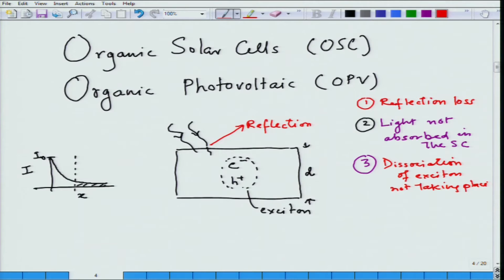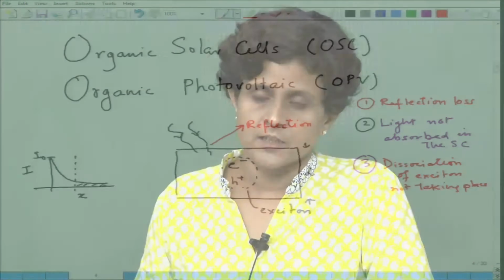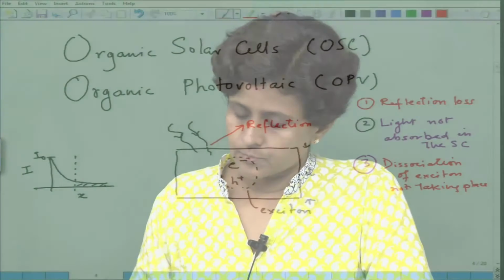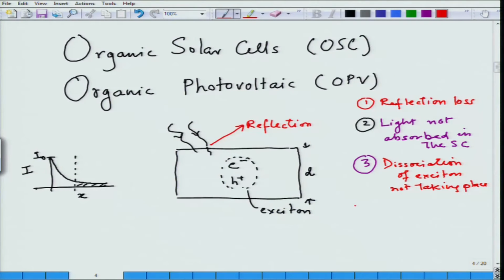So, that could take place, which means an exciton which was generated could not result in free electrons and holes which could be collected at the two electrodes. So, that would be another possible loss.